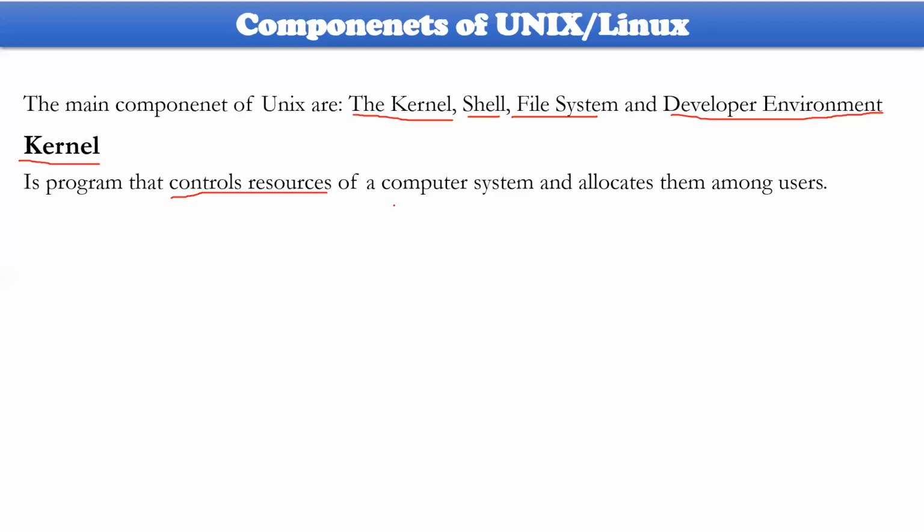Users could run their own programs using the kernel, but there is no scope to communicate with the kernel directly, so you must use system calls. The group of system calls is called the operating system in terms of Unix or Linux.